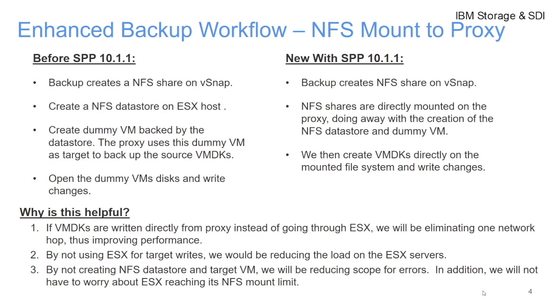With the new release, when we create an NFS share on vSnap, that will be directly mounted on the proxy. Now, why is this helpful? This is helpful because by going directly from the proxy instead of going to the ESX server, we eliminate an extra network hop. So that will give you an overall better performance. We also reduce some of the load on the ESX server, as well as reducing scope for errors, and also limit some of the NFS mount limit there.